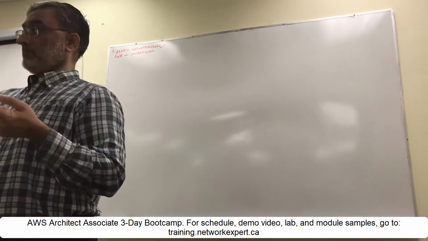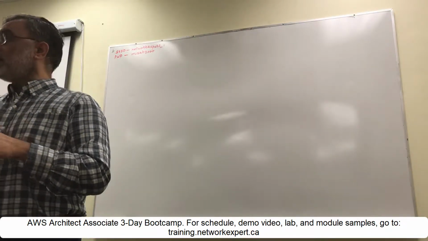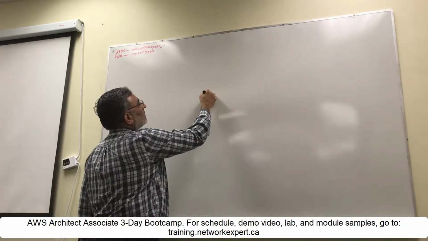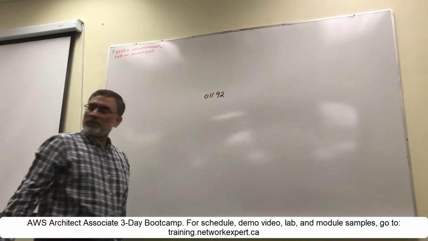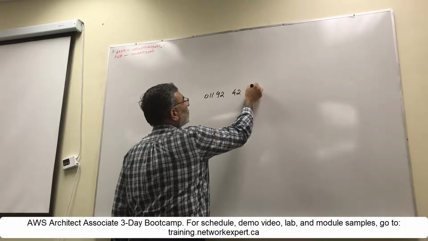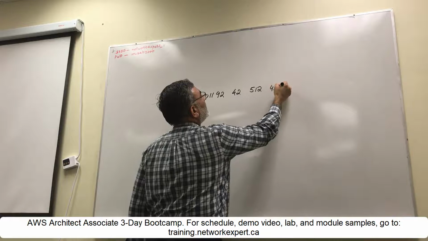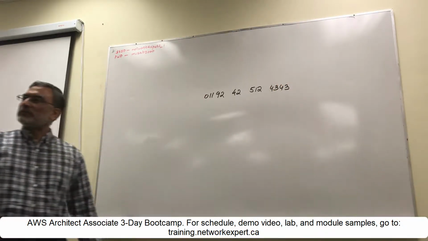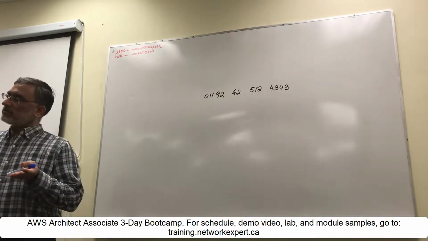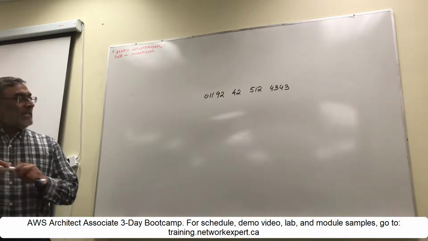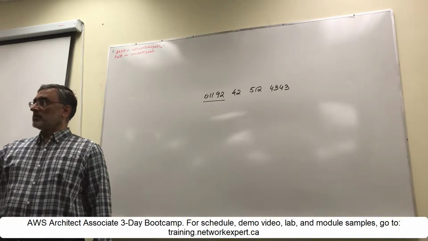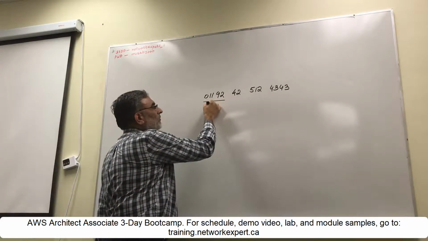I would start with the example of, let's say, telephones. If you or anyone else looks at a phone number with the code, let's say 01192, and then 42, and then 512 and 4343. Because we are familiar with telephone numbering systems, you can easily identify that the first part is a country code, the code for Pakistan.